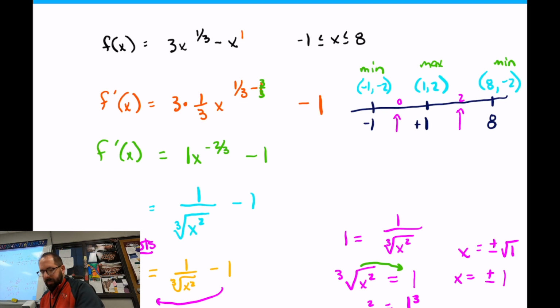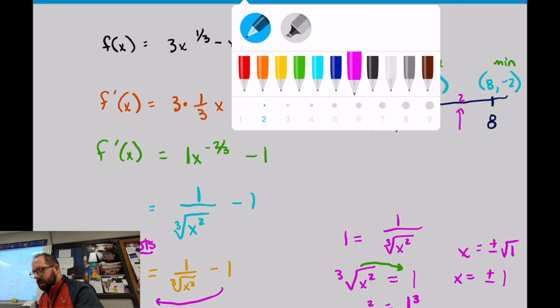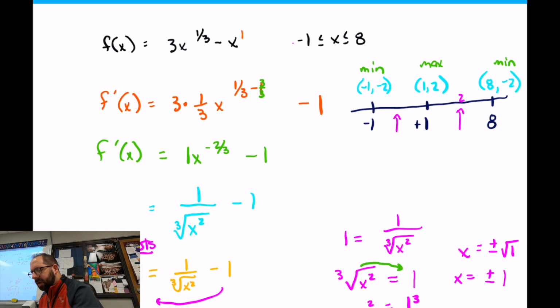So if I plug a 0.2 in there, I'm going to go in parentheses 0.2 to the -2/3 power, and then -1. That's the first derivative. Yeah, it ended up being positive. So these end up being positive here. I plugged in some different numbers there, so it was positives.